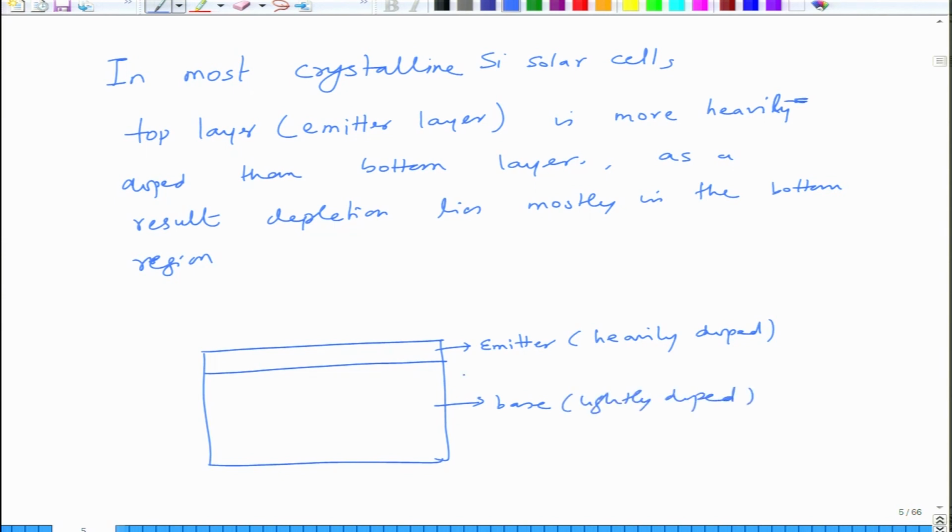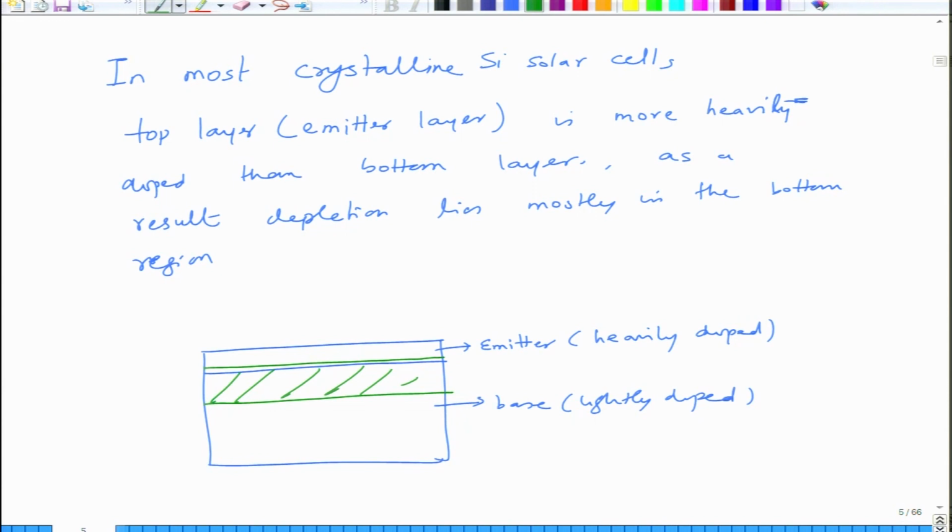So the depletion region extends up to a large distance here, but up to a very tiny distance in this region. So most of the depletion region lies in the base layer rather than in the top layer, okay, and the emitter layer is also very thin, and we will discuss the reasons for that later, when we come to crystalline silicon solar cells.